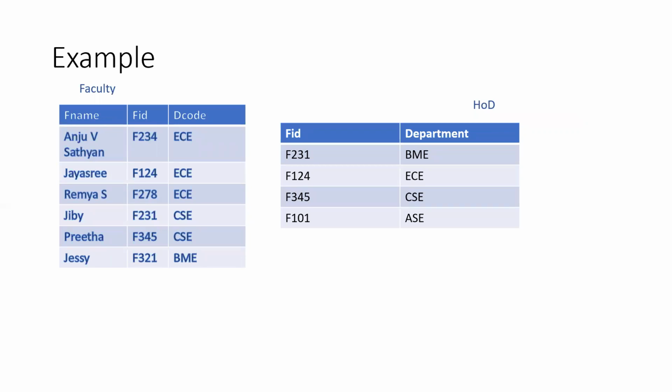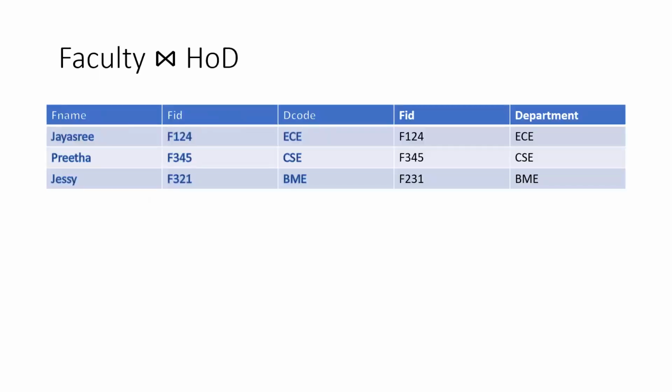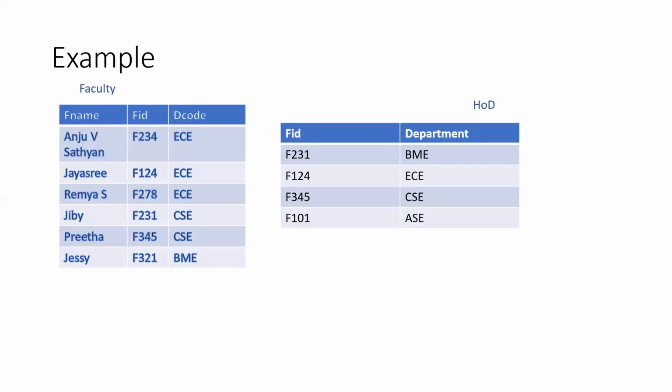The first table represents the faculty, and the second table represents the details of HOD. Suppose we want to see how this join works: faculty join HOD. Only the matching tuples from both the relations are retained. Anju V Satyan F234 ECE has no corresponding tuple in the HOD relation, so Anju V Satyan is omitted.